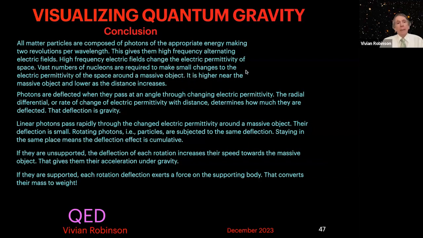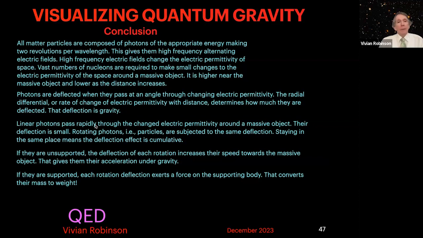It is higher near the massive object and lower as the distance increases. Photons are deflected when they pass at an angle through a changing electric permittivity. The radial differential, or rate of change of electric permittivity with distance, determines how much they are deflected. That deflection is gravity.